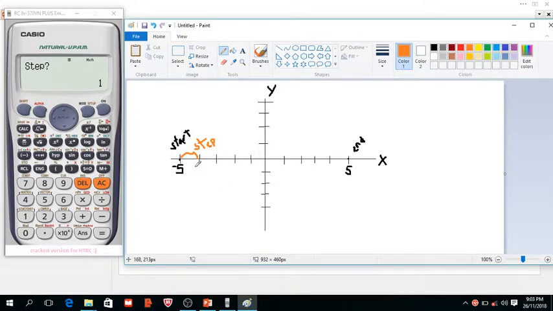So this will be negative 4, negative 3, negative 2, negative 1, 0, 1, 2, 3, 4, and then 5. So by pressing equal, we will have now the coordinates of every point.